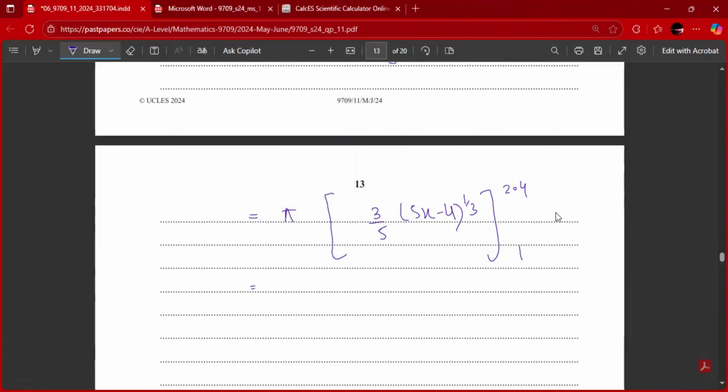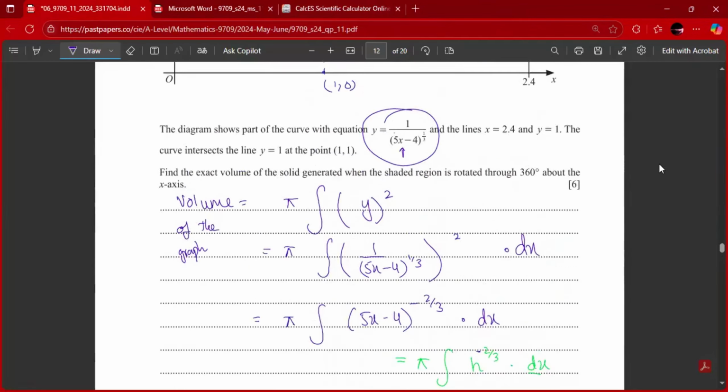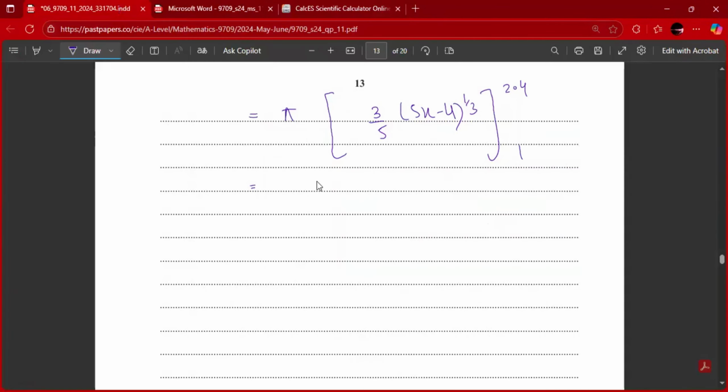Using the upper bound and lower bound just means that you put this value at x, this value at x, and subtract them. Going to the calculator. So the answer is 0.6 pi.